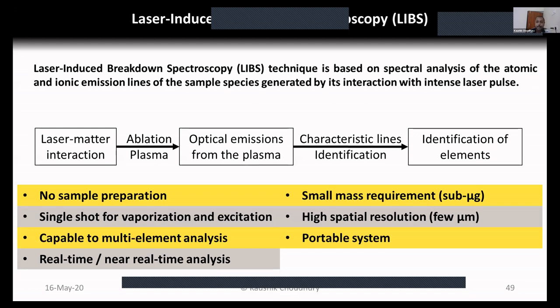And these emission lines can be used to identify the specific elements and their specific compositions. So this can be used to identify as little as 0.1% of the compositional mass of a particular material.